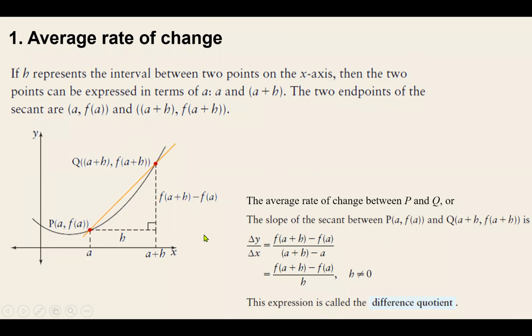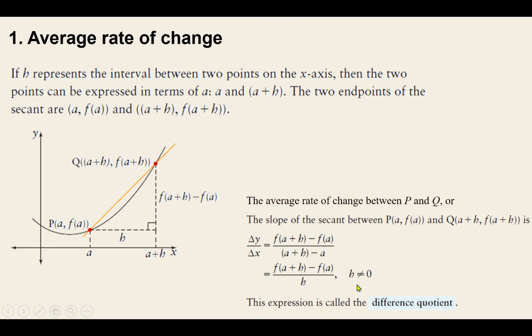Then we know the coordinates of point P and point Q. Then we can express the average rate of change between P and Q also using the same formula, delta y over delta x. Then the delta y here is the difference between the two y coordinates, which is f(a plus h) minus f(a). And the difference between the x coordinates is a plus h minus a, which is just h, right?